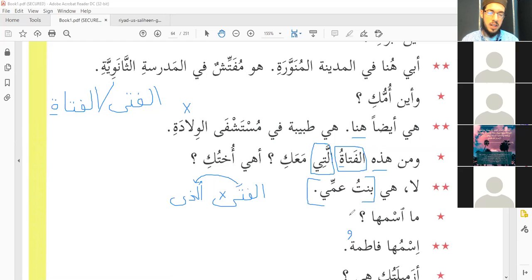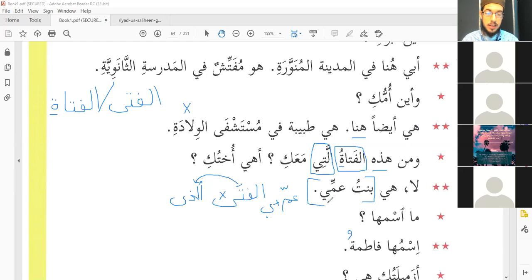It's a mudaf ilay construction that clarifies who it's from. Is it from the paternal side or the maternal side? So bintu ammi, ammun is paternal uncle, as we learned before. Ammi is my paternal uncle.